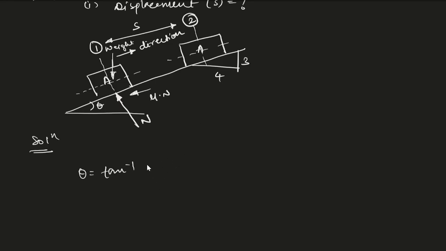Sorry, 3 by 4. If you put tan inverse of 3 by 4 in the calculator, it is 36.87 degree.